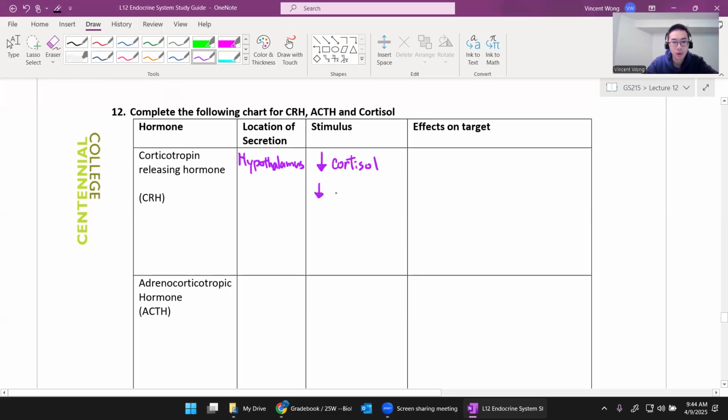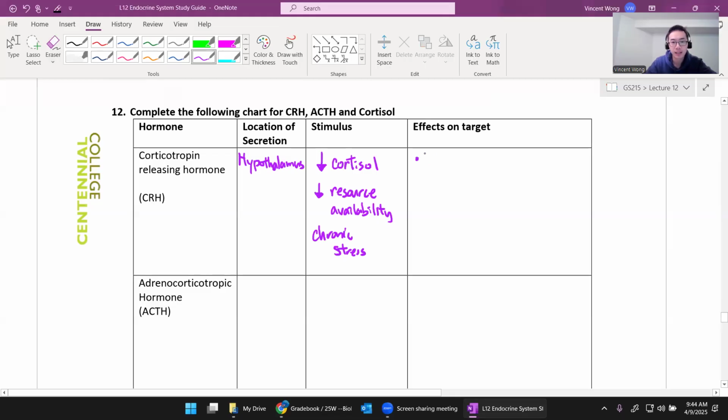Okay, low resource availability, or chronic stress. All these are possible.